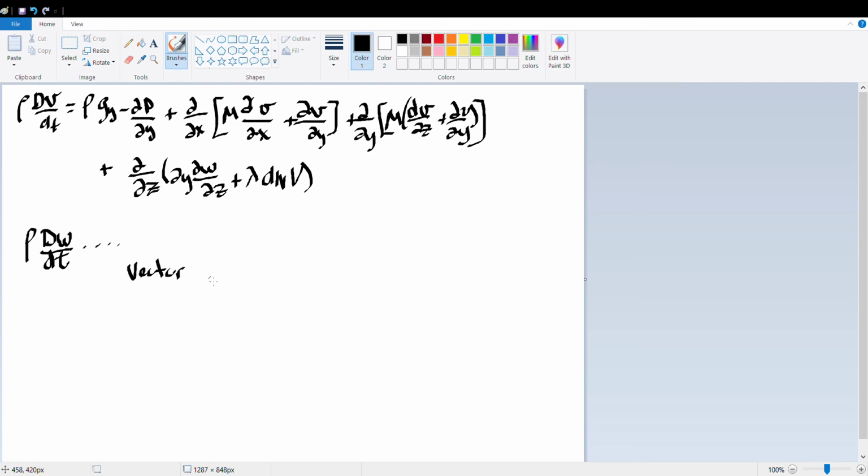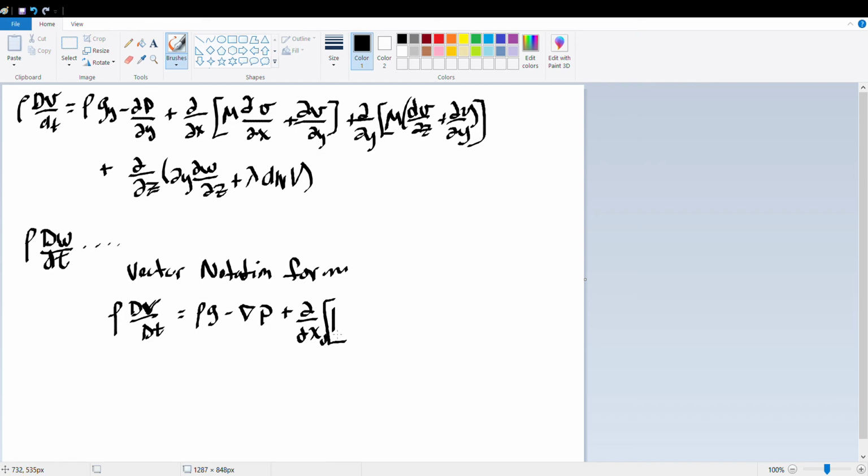So in vector notation, we can just say density times the material derivative of the velocity vector, in any direction x, y, and z, dt, is equal to rho g minus del p, the pressure, plus the partial in the x_j direction times mu, the partial of v_i over x_j plus the partial of v_j over x_i.